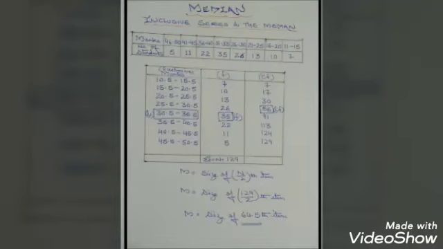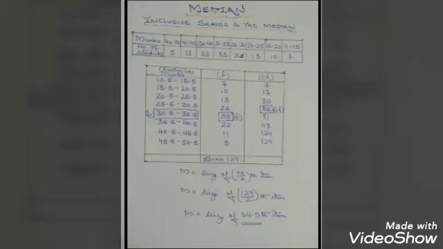The same goes at the other end: 11 to 15 and 16 to 20, deducting 15 from 16 gives 1. Now, to convert, from this 1 we take half, 0.5: we deduct 0.5 from the lower limit and add 0.5 to the upper limit.